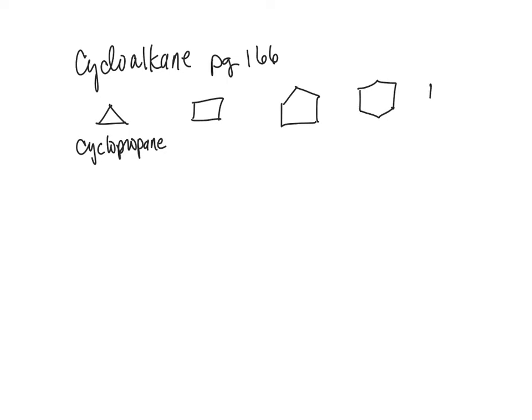We're going to list these. This is the hardest one to draw because that's not right. I'm trying to draw a 7-membered ring. It's easy to draw more of a hexagon. 1, 2, 3, 4, 5, 6, 7. Okay, there's 7.